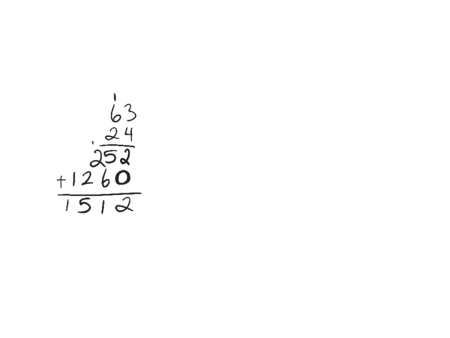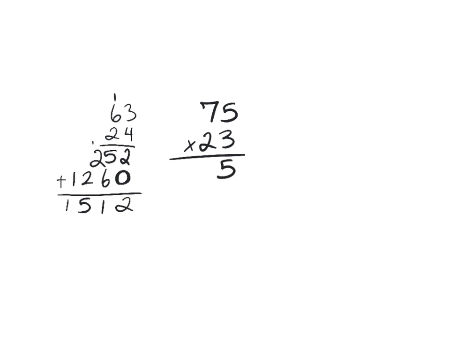Let's do one more following this strategy. How about the question 75 times 23? So again, my step 1 is to multiply 3 by the full number of 75. So we start by saying, what's 3 times 5?